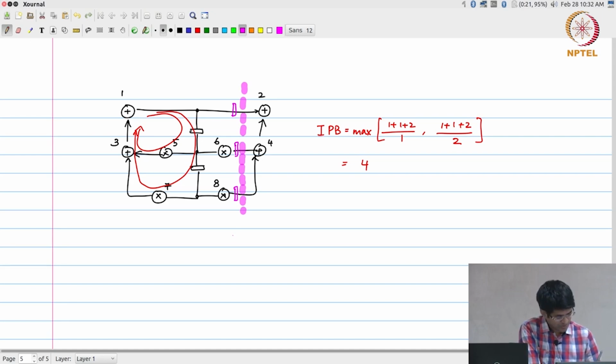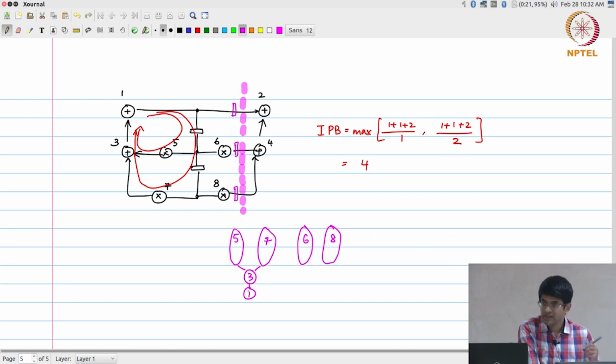So 5, 6, let me just make this 7, 6 and 8 remain as before. The outputs of 5 and 7 are used by 3, the output of 3 is used by 1, but the output of 1 is not used by 2 in the same iteration.